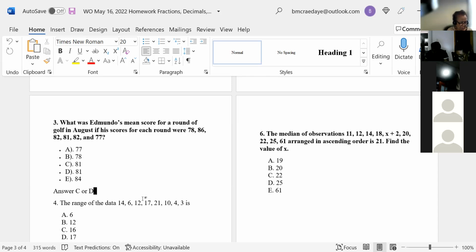Press your enter key. What do you get? I got 486. Now put your division symbol in and put 6. I did something wrong. What do you get? I got 81. That's the correct answer.